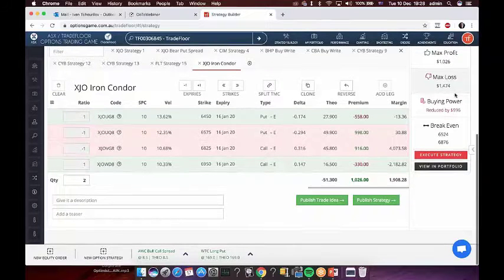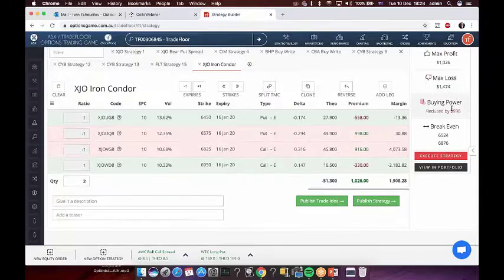We get a buying power, which is how much this trade is going to impact our portfolio, and some break-even values. So we know that the underlying price of XJO cannot go lower than 65.24 or higher than 68.76 before we start losing money on this trade, excluding fees of transacting.